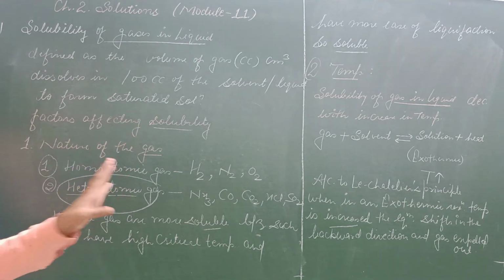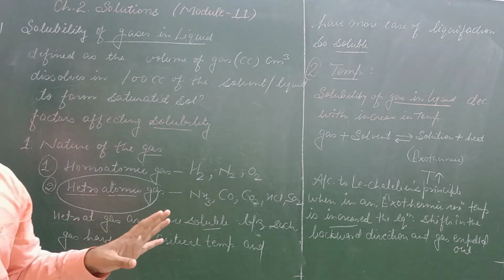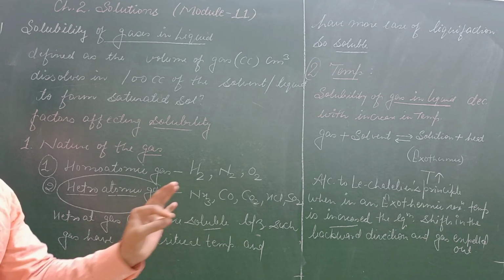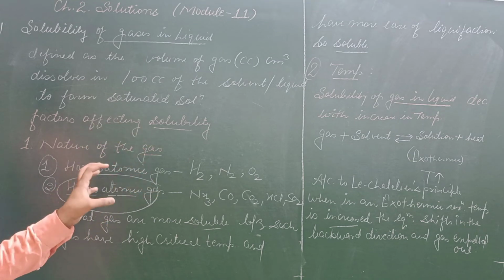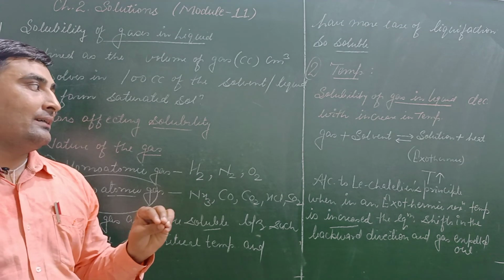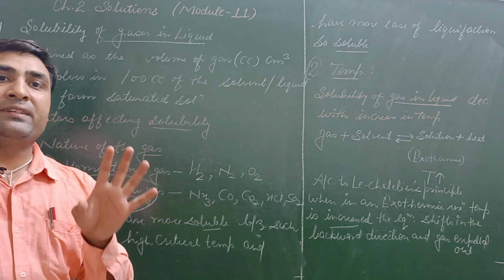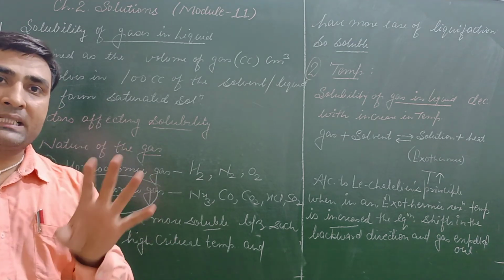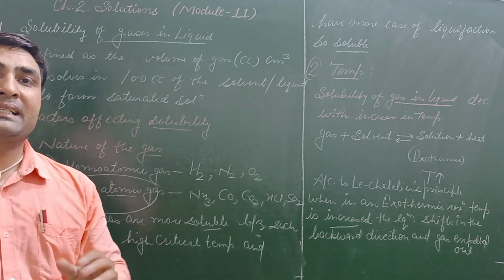It can be explained by Le Chatelier's principle because it is a reversible reaction. Equilibrium gets set up, and when the temperature is increased in an exothermic reaction, the equilibrium shifts in the backward direction and gas gets removed from the solvent. For example, we always take cold drinks or beverages in cold conditions rather than hot conditions, because in hot conditions the gas gets expelled out.